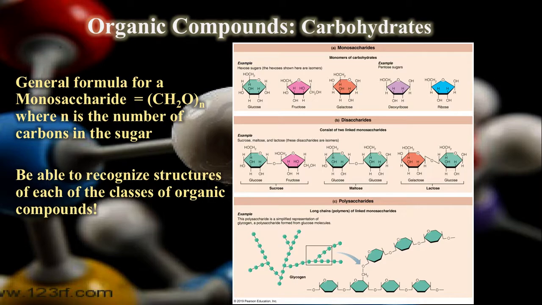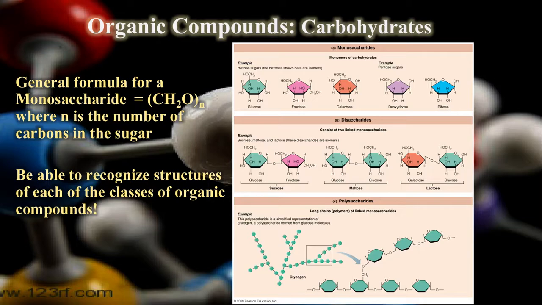So for example, if we're looking at a 6-carbon sugar, like glucose, we're going to have C6, because there's 6 carbons. How many hydrogens are there going to be? Using our general formula, 12, because for every 1 carbon, there are 2 hydrogens. So there are going to be 12 hydrogens in this case.